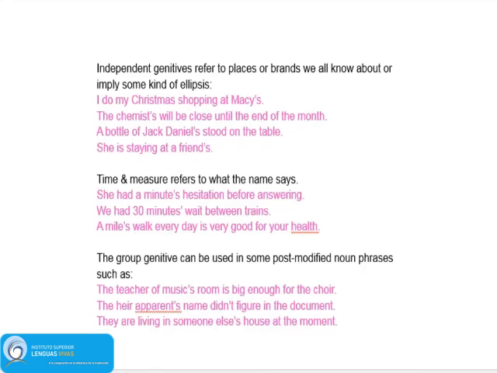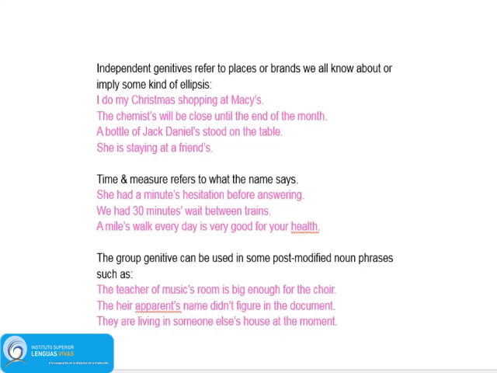Then we have time and measure, and it refers to exactly what the name means. They are time and measure, and here you have "ten minutes' hesitation" and "a minute's hesitation," and here you have the apostrophe before the S because you are referring to only one minute, yes?